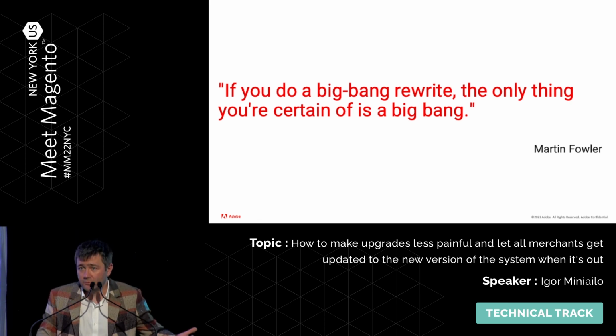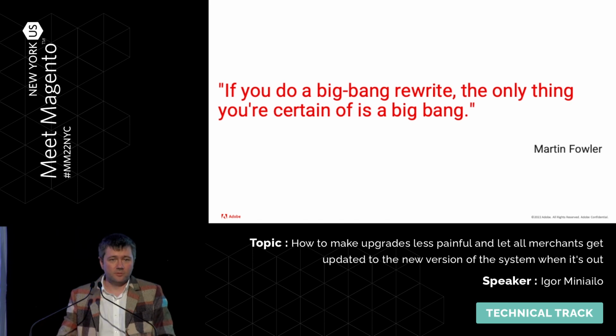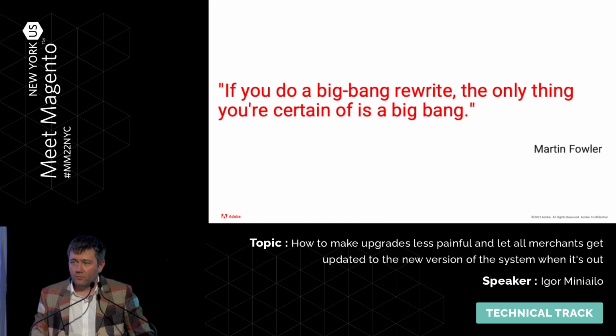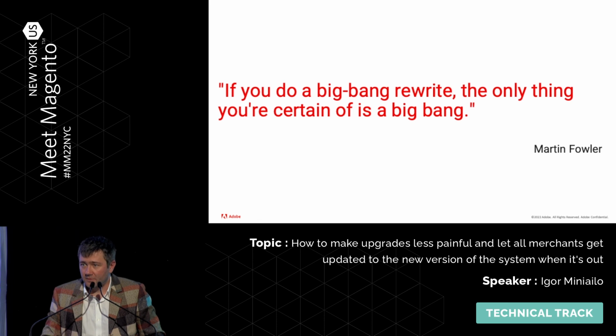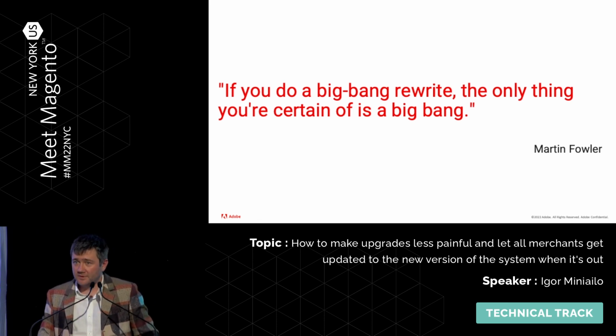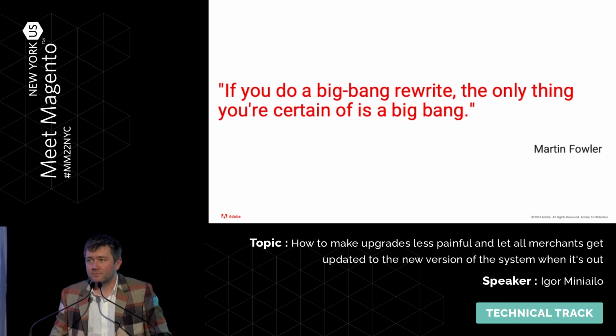Potentially it might be a good solution, but there are so many different risks, and we cannot be certain that this endeavor is going to be successful for both us and our merchants. We can be certain only, quoting Martin Fowler, that we would introduce a big turbulence, a big bang for merchants, if we substituted everything with microservices, because then we would have two different systems with two different sets of problems.